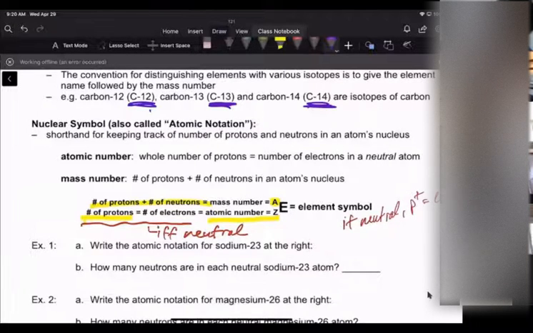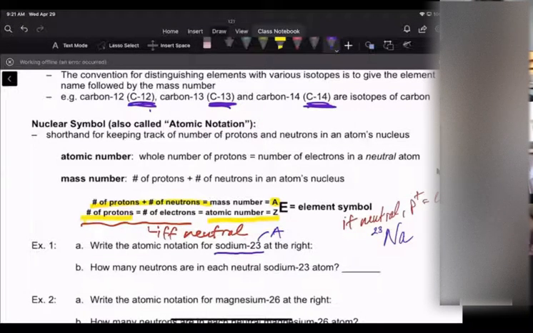Okay, so our first example, we're looking for sodium-23. Write the atomic notation. Do you remember the symbol for sodium? Na. And then this is giving us the mass number. The mass number can change. So that is the important part right there. And then what is the atomic number? Sodium is over here, 11.